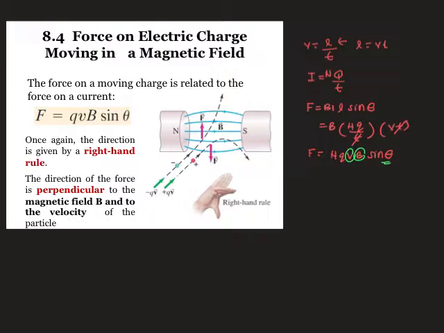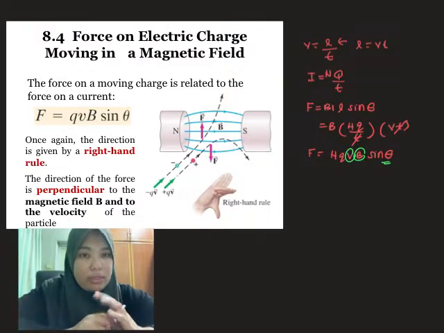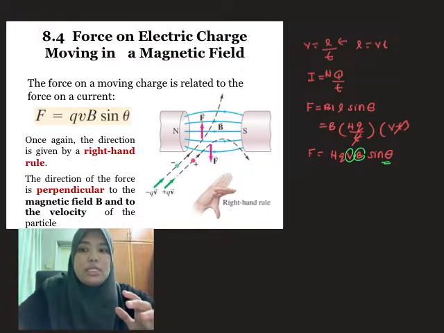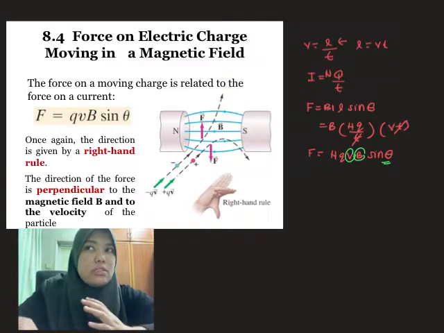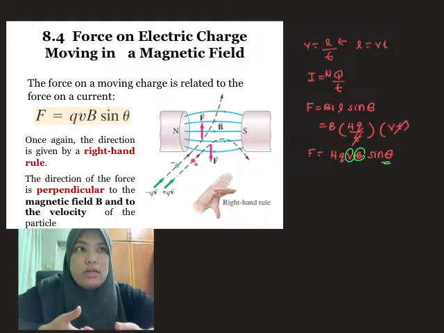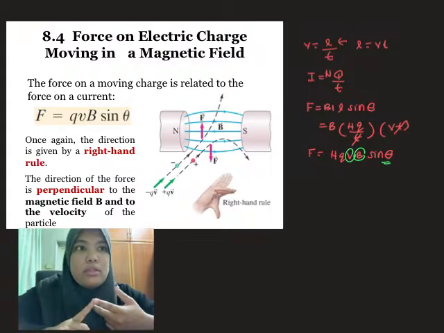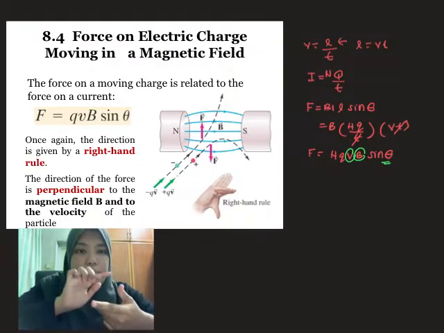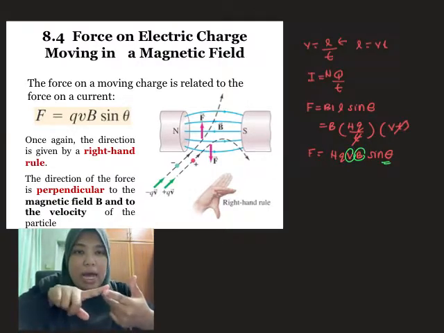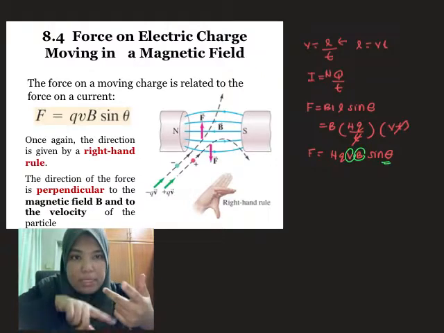Now we are going to proceed with the directions of the magnetic force. The direction of the magnetic force acting on the charge is basically the same as the force acting on the wire carrying current, but you are going to change one finger here. Before, this is B, this is force, I is current, and B the magnetic field.